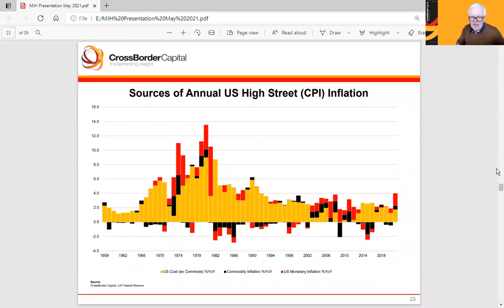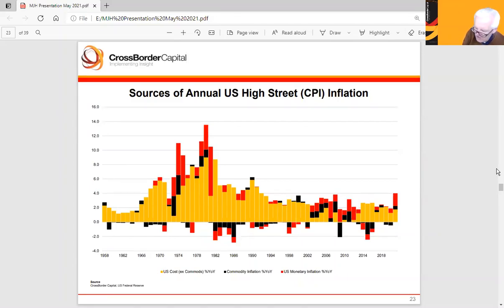If you take a look at this chart, this is a way that we've disaggregated US inflation. The reason it's important is that it tries to show the impact that different factors have had on US inflation over time. The bigger element is US cost inflation, excluding commodities, and that basically is unit labor costs.